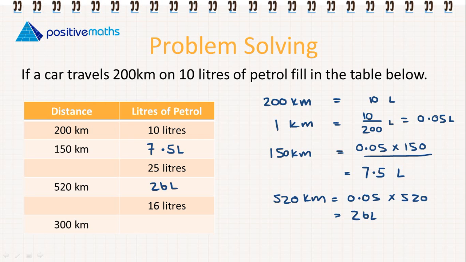And then the last part, we're looking for how many litres the car will need to drive 300 kilometres. Again, we know how much it will take for 1 kilometre. It will take 0.05. So we multiply it by 300. And we'll get 15 litres.